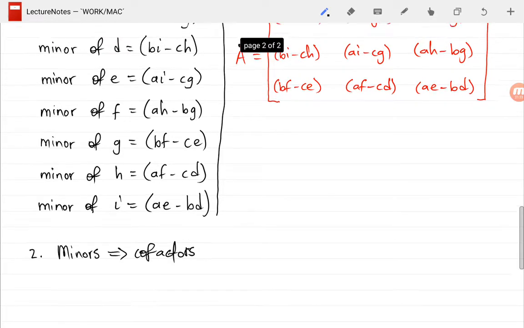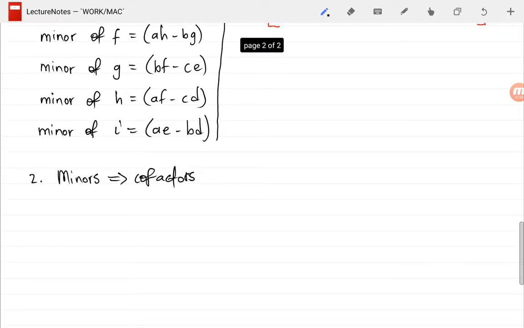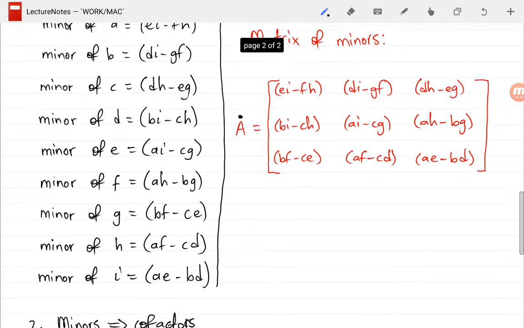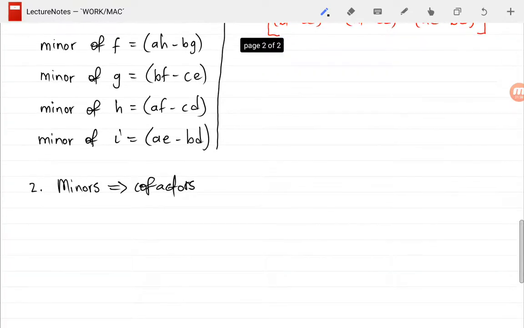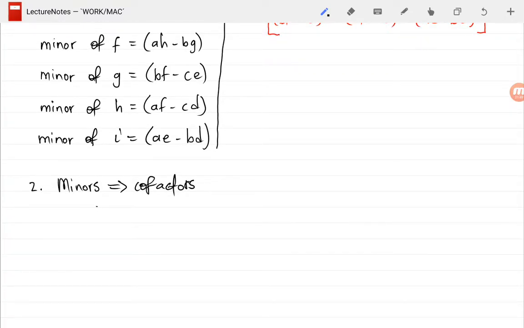The difference here is that we're going to have to multiply our minors matrix with specific signs for each symbol here. So it goes something like this for a 3x3 matrix. It's positive, negative, positive, negative, positive, negative, positive, negative, positive.